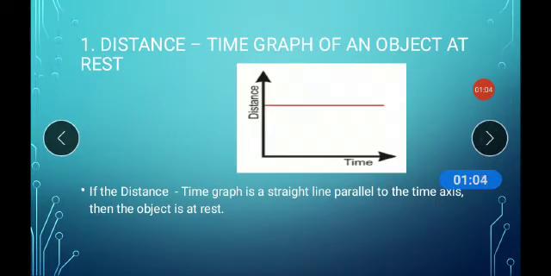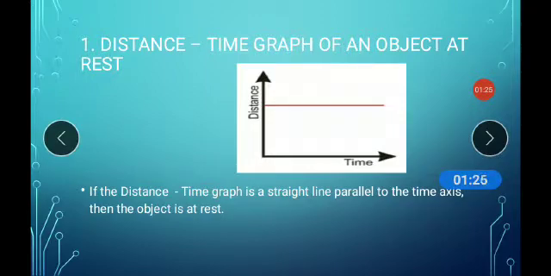Let us consider the first case of the distance time graph, that is distance time graph of an object at rest. When do we say an object is at rest? If the object is not changing its position with respect to time, then we call it at rest.